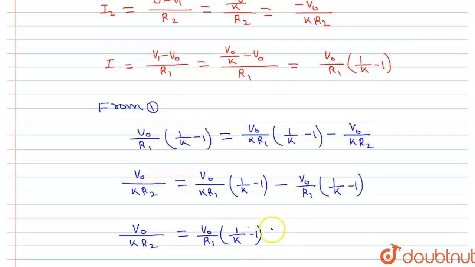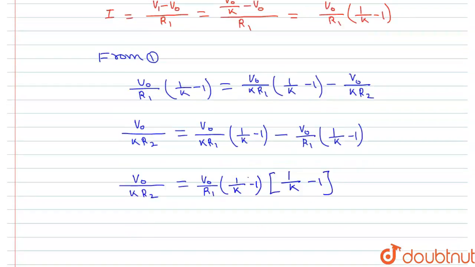So this is equal to 1 by K minus 1. Clear? So from here this is equal to V naught divided by K into R2, and this is equal to V naught by R1 into (1 by K minus 1) whole square.